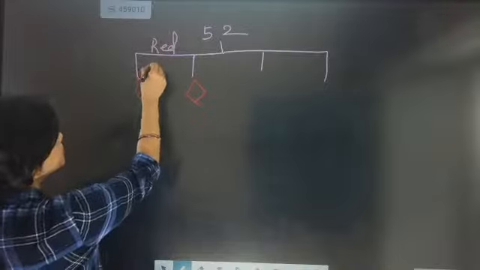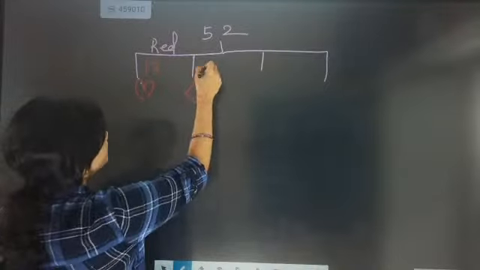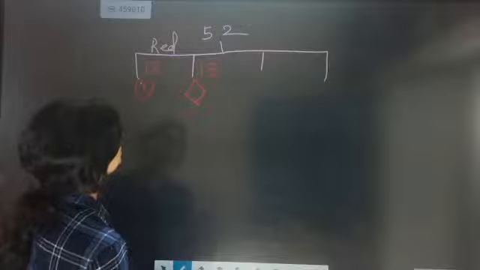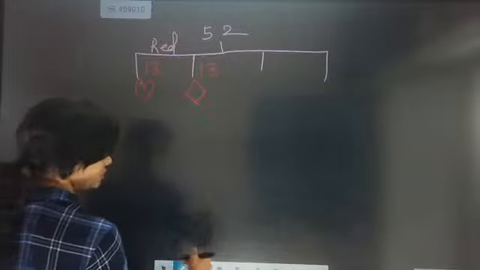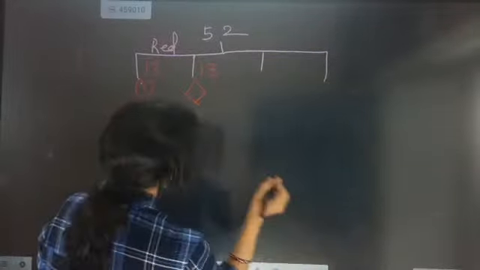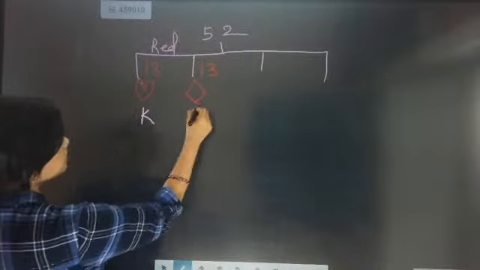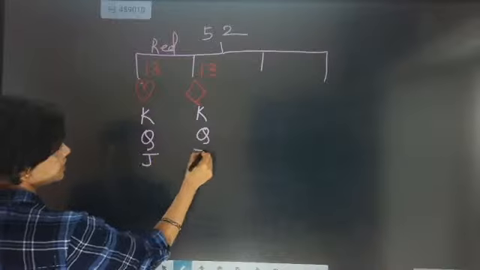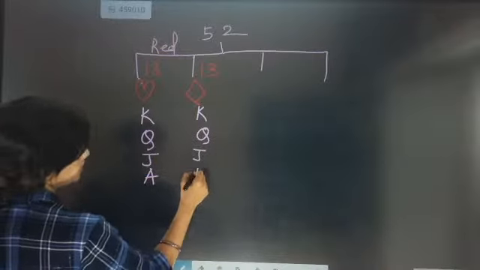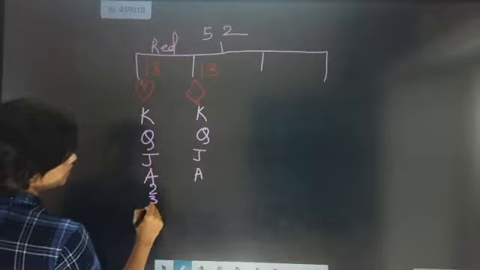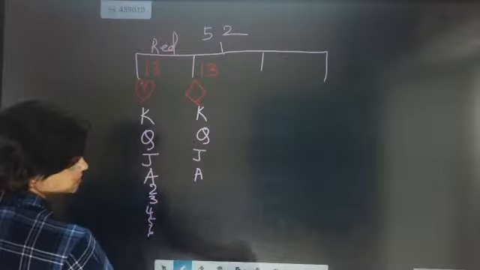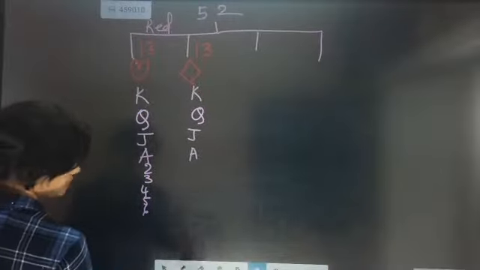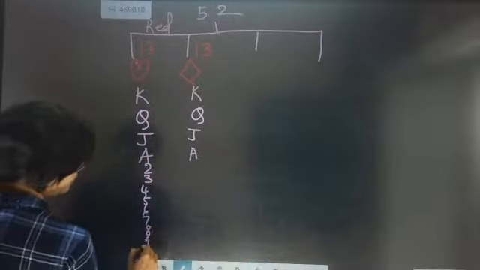There are 13 hearts and 13 diamonds. In hearts, king, queen, jack, ace, and then 2, 3, 4, 5, 6, 7, 8, 9, 10.